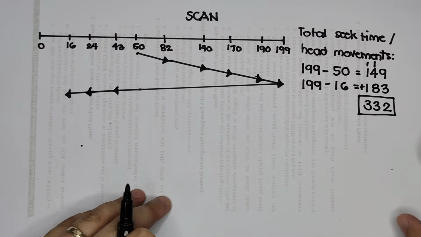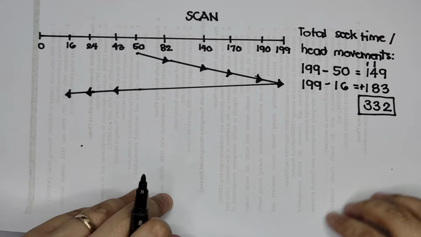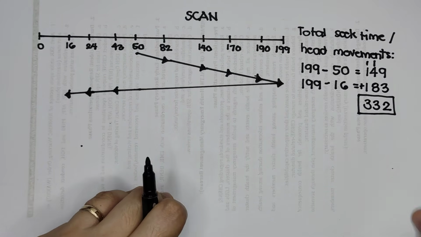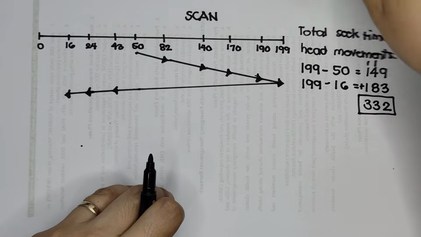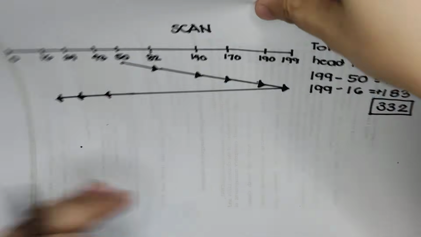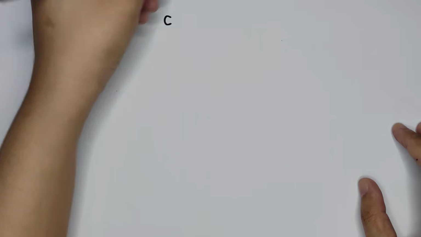Next, last but not the least, let's go with the third commonly used disk scheduling algorithm, which is the C-SCAN.